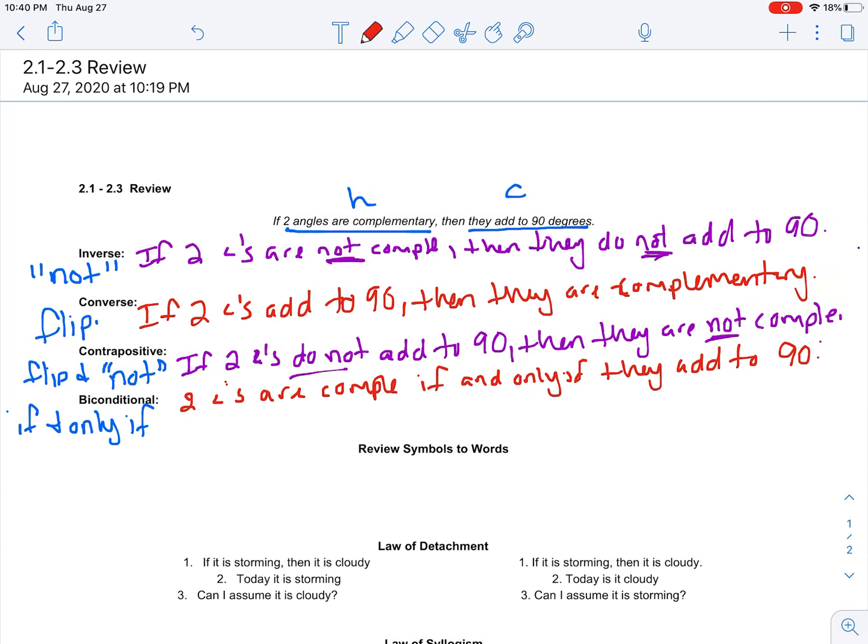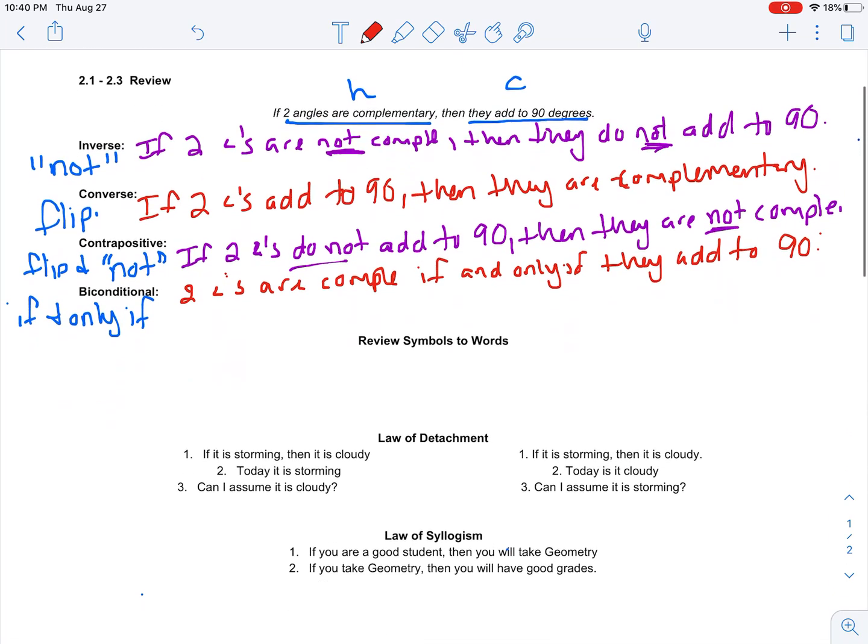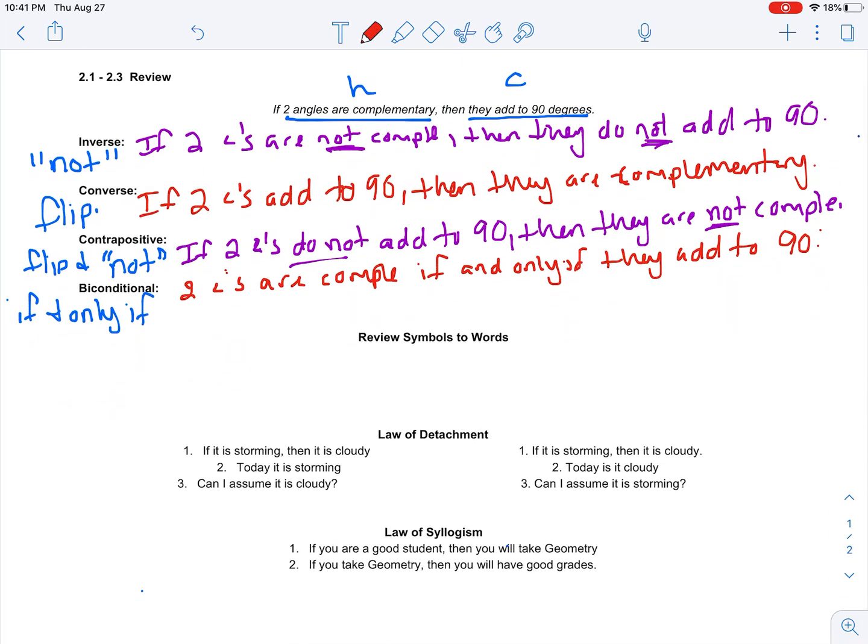All right, so from that, we started applying all of those words with the sentences to symbols. So P could represent the hypothesis, Q could represent the conclusion, or it could be other variables. And then instead of writing sentences, we put it in symbols.